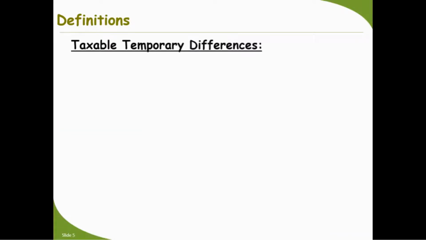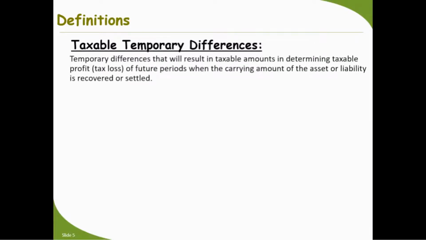There are two types of temporary differences. First is taxable temporary differences. In your exam, the examiner is supposed to test this area. These are temporary differences that will result in taxable amounts in determining taxable profit or loss of future periods when the carrying amount of the asset or liability is recovered or settled.